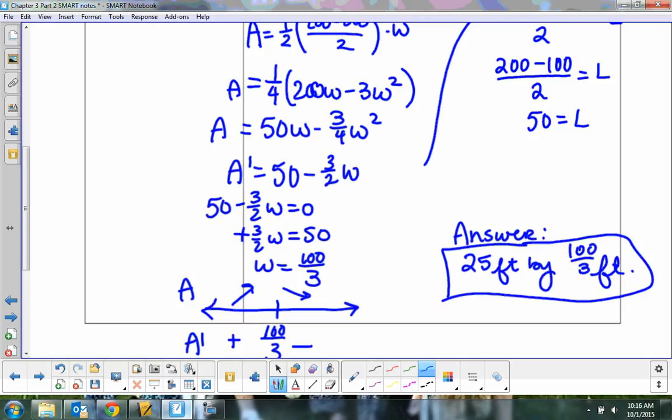So you might make a little note in your notes where that 25 came from. I'm not sure that you'll remember it. We did solve L, but L is the length of both of them together.